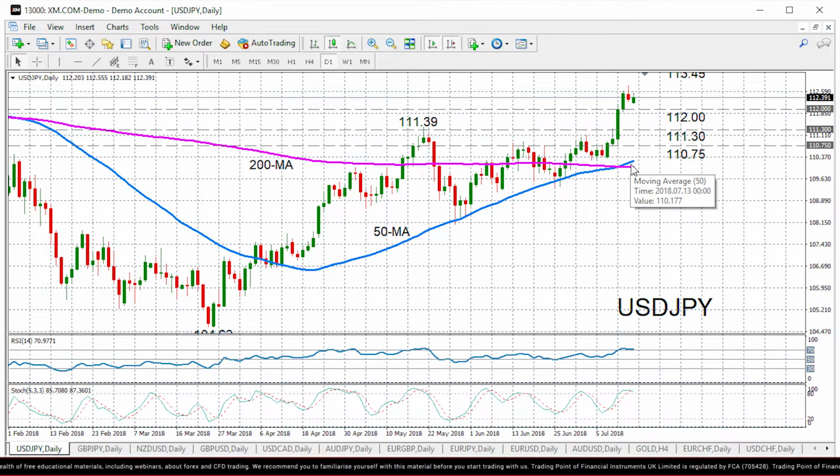So the moving averages are at the moment forming a strong support region between 110 and 110.20. A breach of that support would shift the bullish outlook back to a more neutral one.